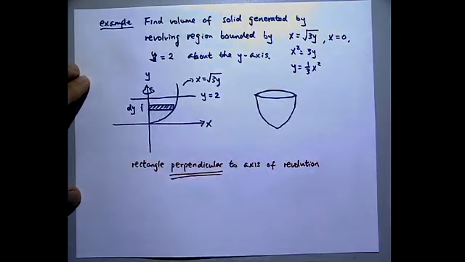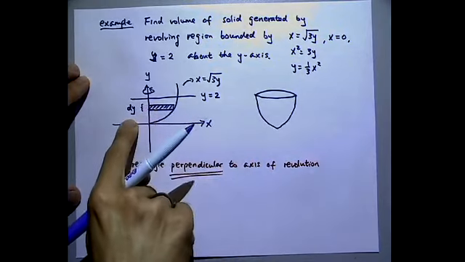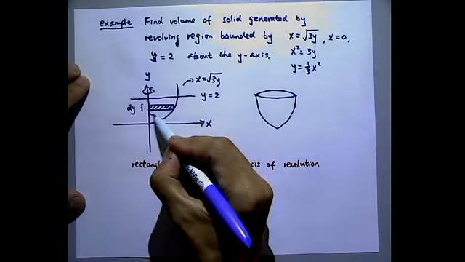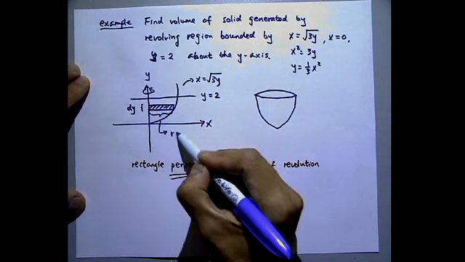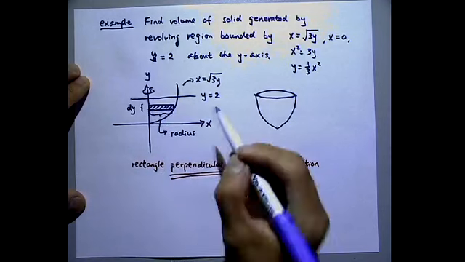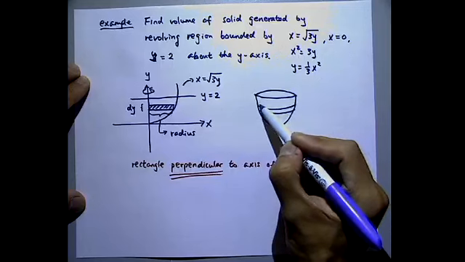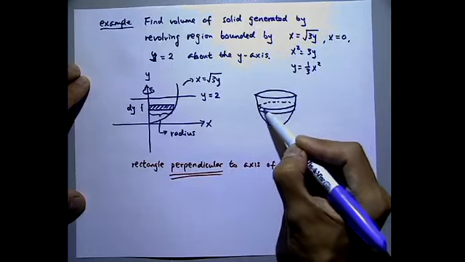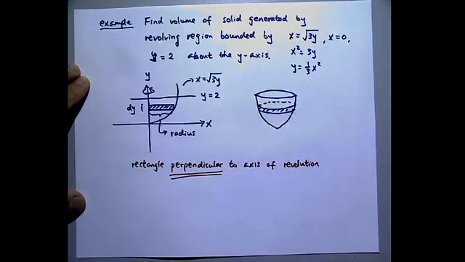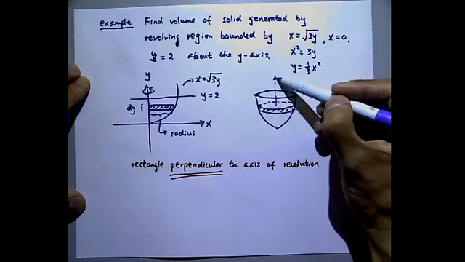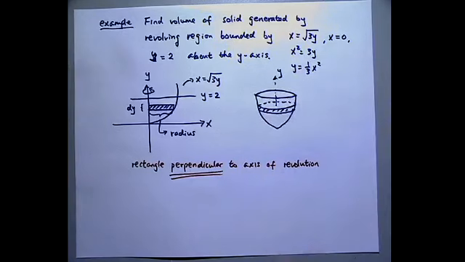It's a very small increment in the y direction, so dy. And this becomes the radius of a slice of disk here. Right? Because you can imagine the y-axis coming out of it like that. So that gets spun around and gives you a disk.